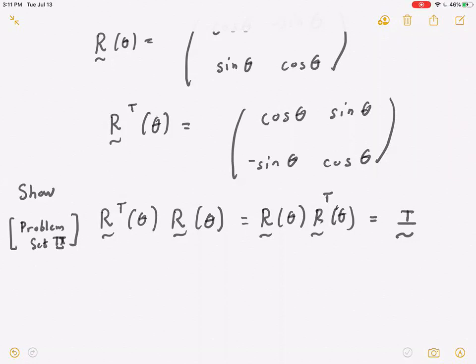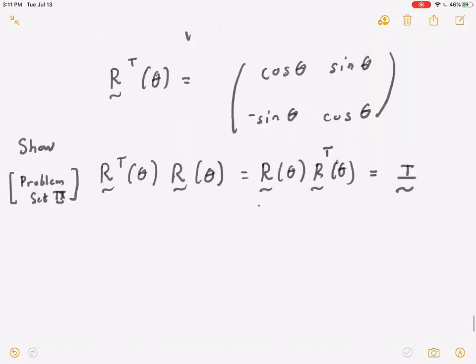But look at this. Here's the product of 2 matrices, and it doesn't matter which order I multiply these guys, I get the identity matrix. So I should think about this for a minute. This is telling us something very special about the rotation matrix.